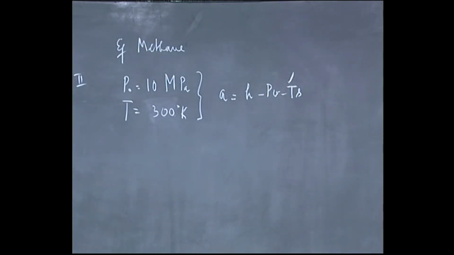You just take the intersection of the 300 degree K line, which is an isotherm, you can see that line there, it comes down and meets the 10 MPa line at something like 550 enthalpy roughly.